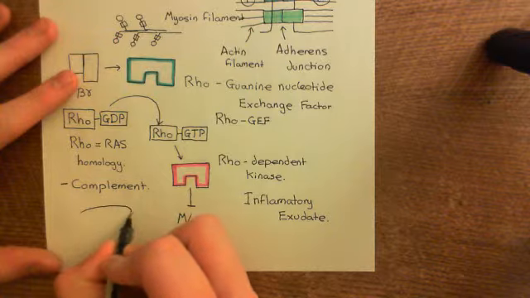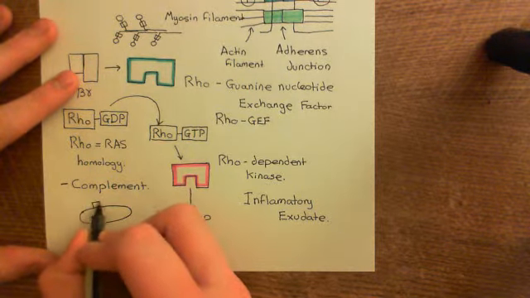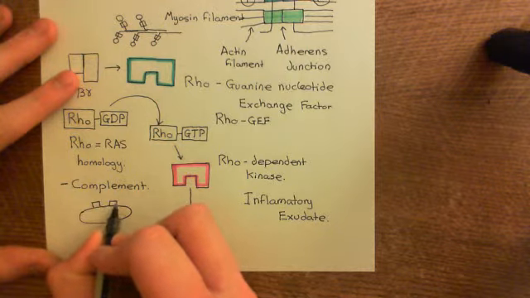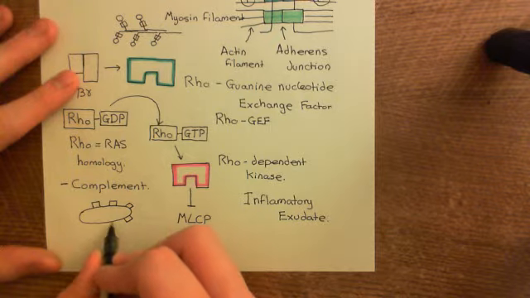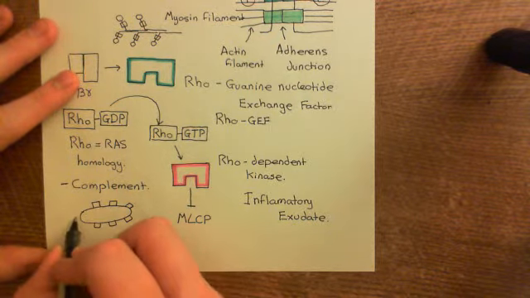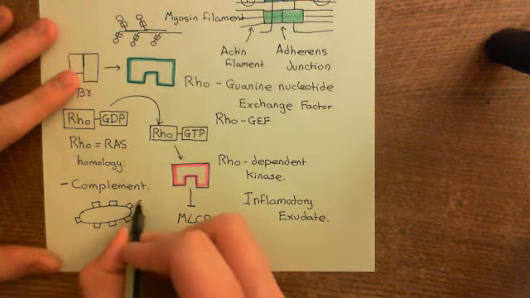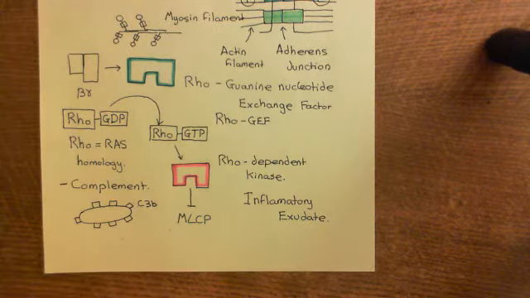One of them is that you end up coating the microbe in C3b proteins. So you bind C3b to glycoproteins all over the microbe, and so microbes end up coated in this complement protein known as C3b. Okay, so let me colour this in.